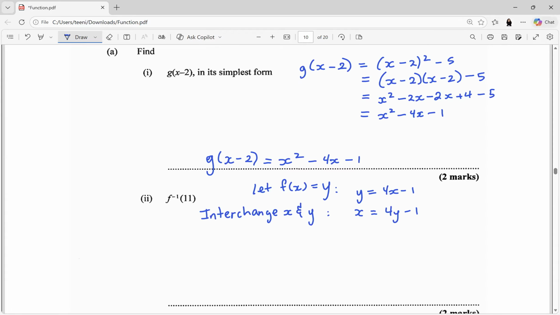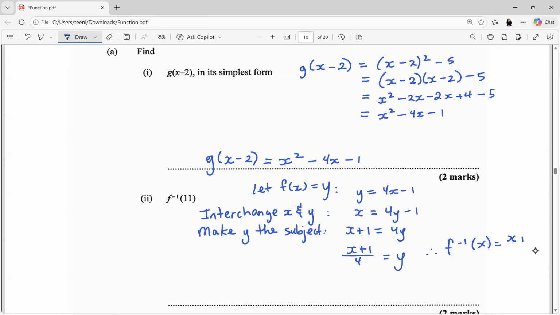And then you make y the subject. That would give you x plus 1 is equal to 4y. So then y is x plus 1 divided by 4. That is your f inverse, right? So f inverse x is x plus 1 over 4.